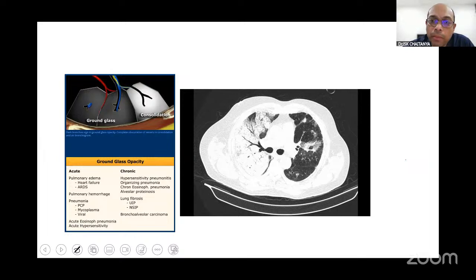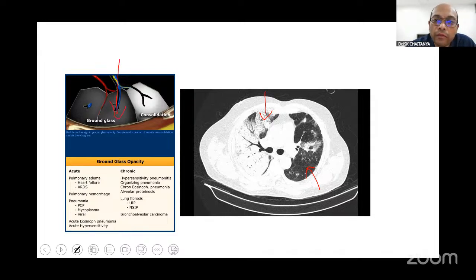Instead of looking black, as I'm pointing, it starts looking white. When this haziness doesn't obscure your blood vessels, then we call it ground glassing. As you can see here, this is ground glassing.